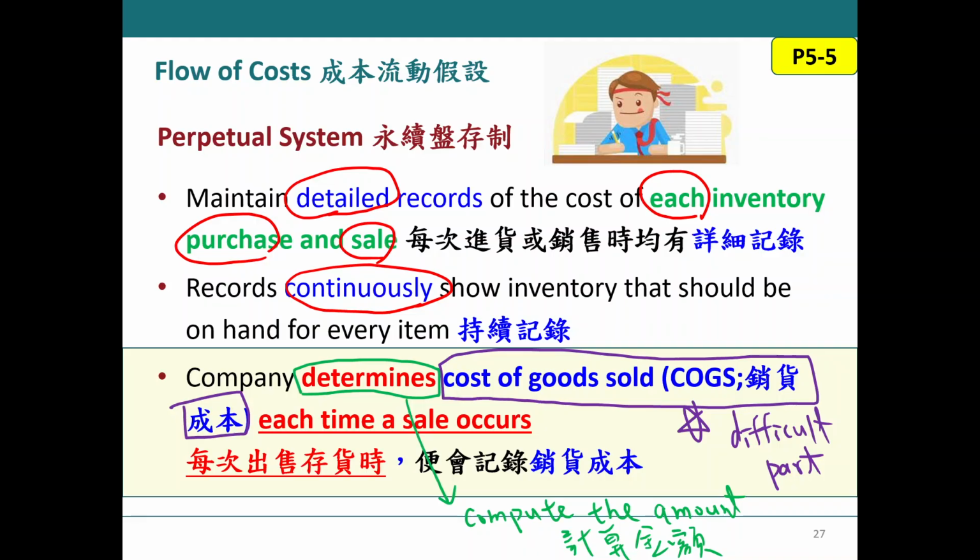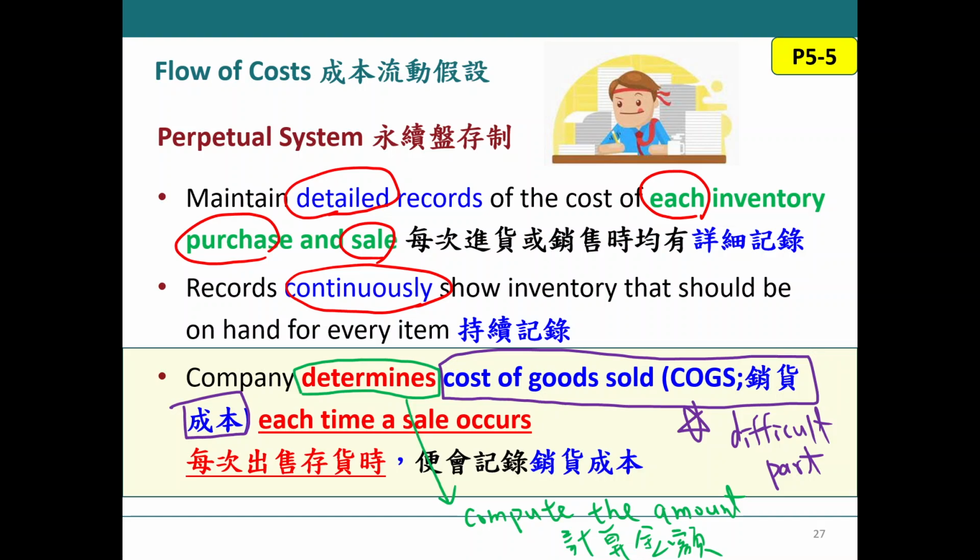So hard worker, perpetual told you, no problem. Easy job, difficult job, I can do it every time. So hard worker, perpetual 永续盘存制 will compute the amount every time when cost of goods sold is incurred, okay?